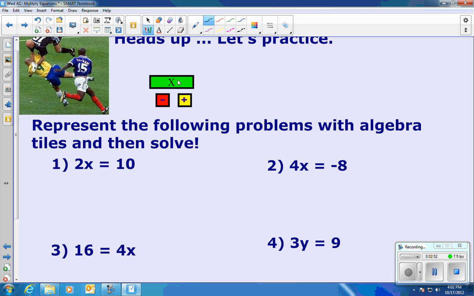So we're going to represent these with algebra tiles, and then we'll solve. So we have 2 x's equal to 10 positives.